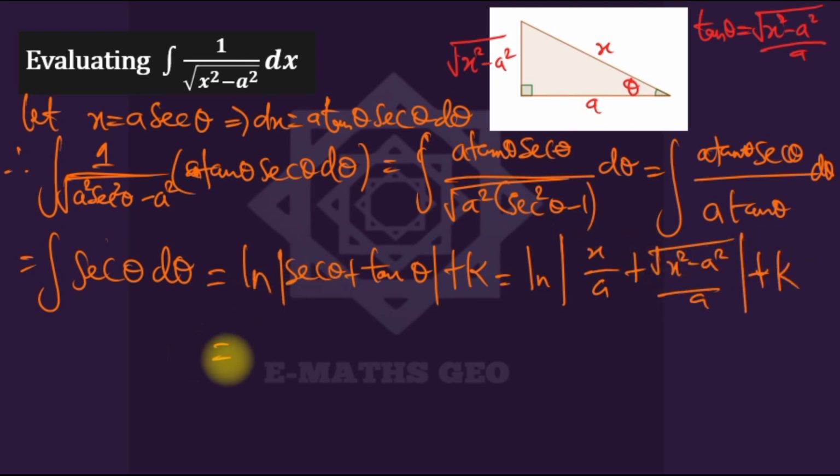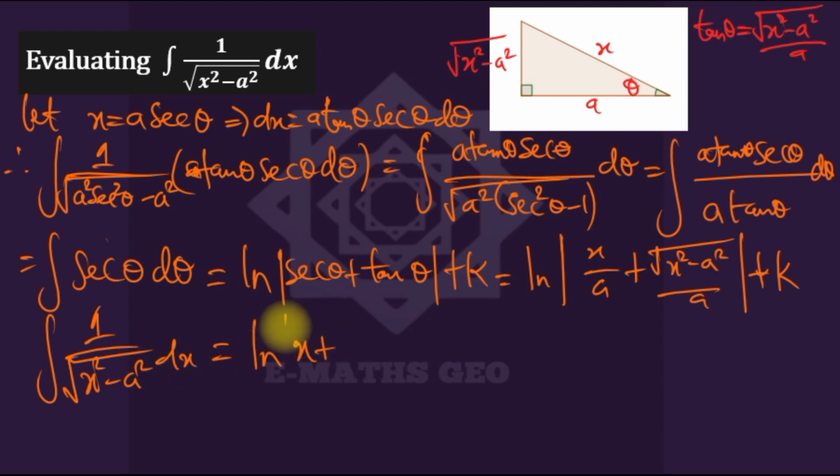So we see that the integral of 1 over the square root of x squared minus a squared dx is now equal to ln of x plus the square root of x squared minus a squared. Instead of writing minus ln a, no need.